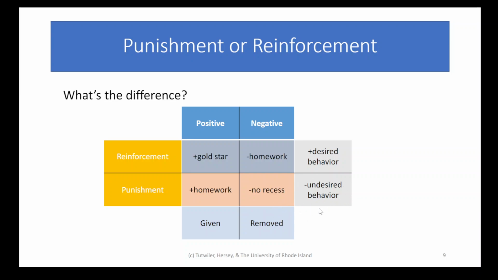I want less of that behavior. The behavior being not turning your homework in on time. Right? So to decrease the likelihood that you will continue turning in your homework late, which is an undesired behavior, I will give you extra homework as a punishment. I do not know how successful that would be, but it's a thing.